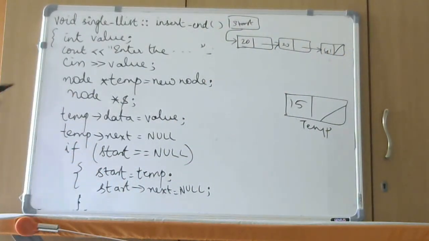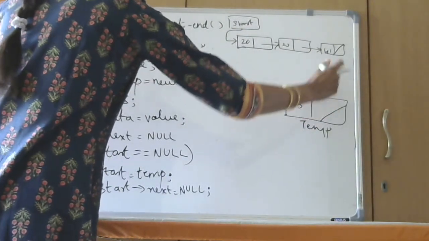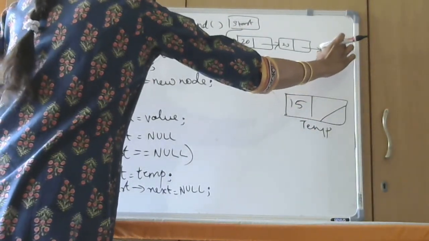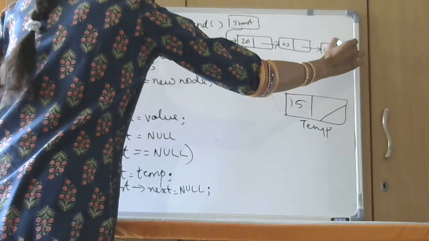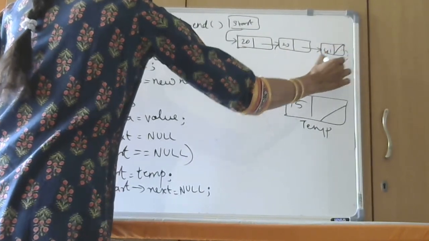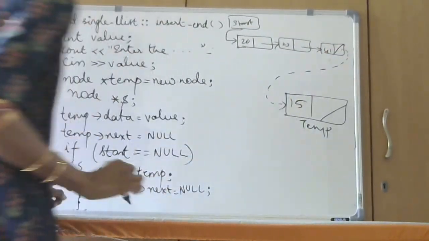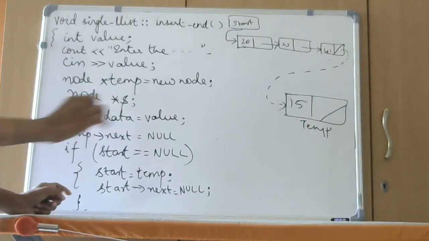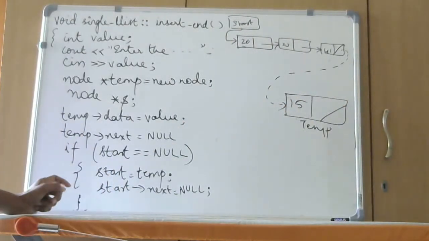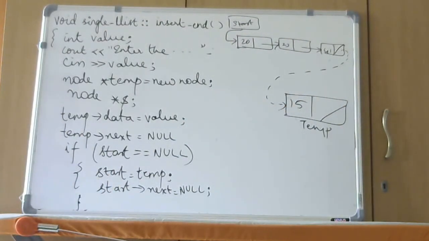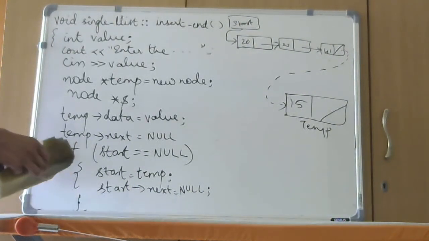Now, I want to insert this node at the end here. That means this null pointer will go now. Correct? This will now point to this one. And this will be anyway null. Right? That is how we should link it now. Let us see what we can write. So I will take an else here.